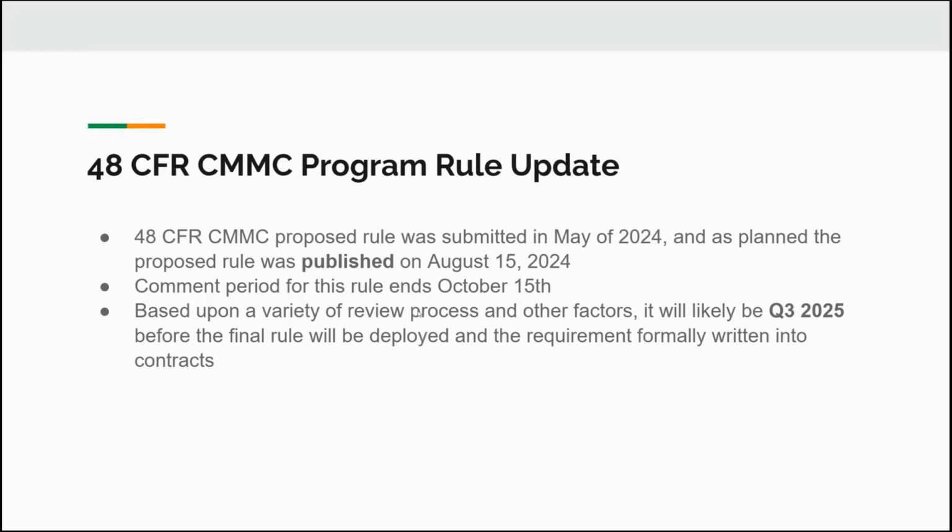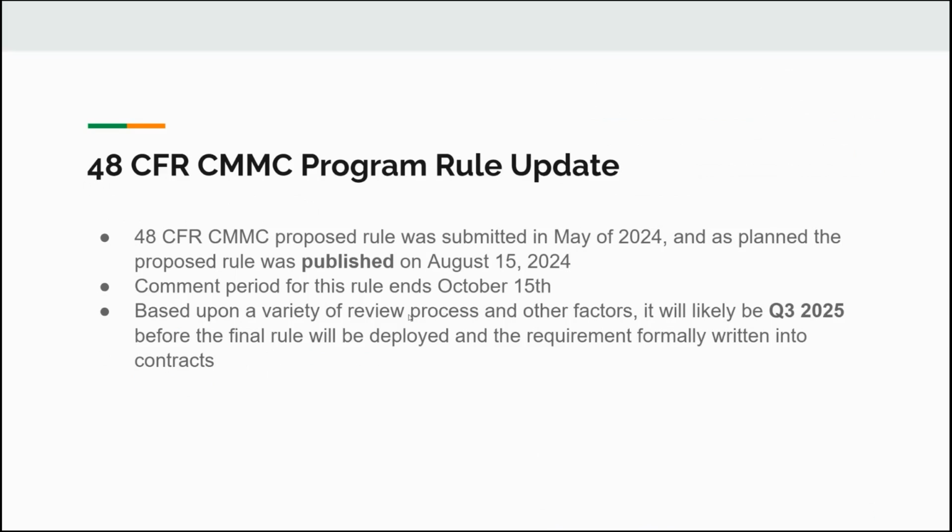The comment period already ended for this piece. Depending on different time frames, we could be looking at Q2, probably Q3 of this year for the 48 to be codified through the official process and go final, which then, once it's final, can be written into contracts.